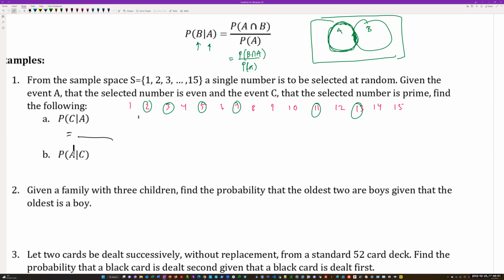There are 7 even numbers here. It says, what's the chances that this thing happens, given the fact that it was A? Well, given A is that they're even. So you should be asking about the even things first. Is that correct? So this is even, this is even, this is even, this is even, this is even, that's even, that's even. Is that right? That's 11.